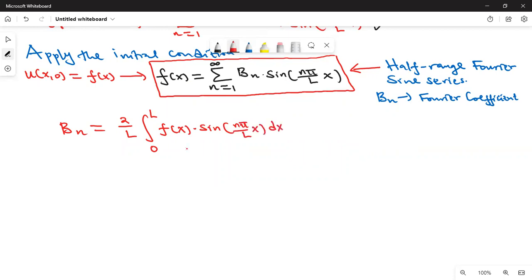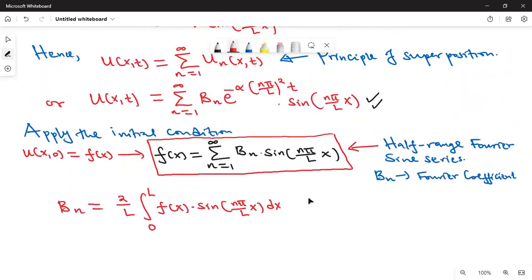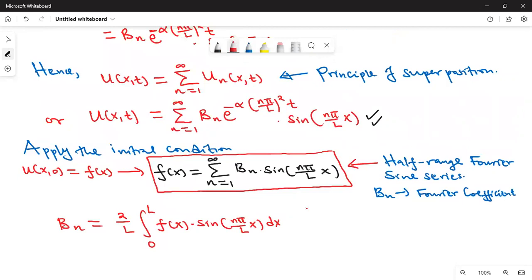That's how to find the Fourier coefficient b subscript n. So now we know that. Now we go back to our solution u of x,t. Look at this equation that I've ticked in red. I'm going to replace b subscript n, and so that will be our particular solution.